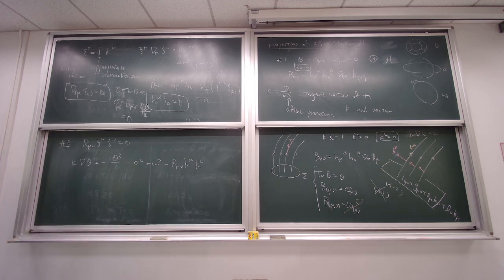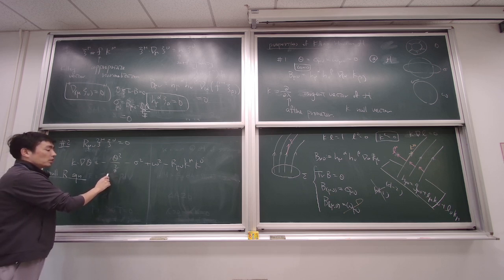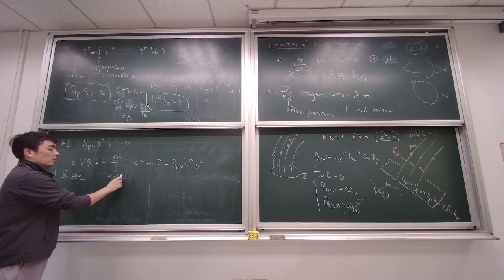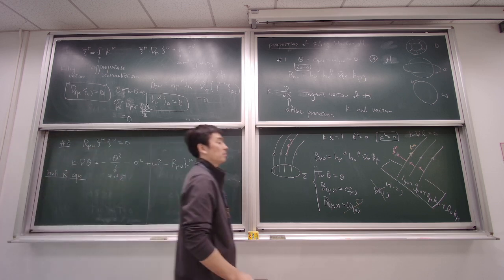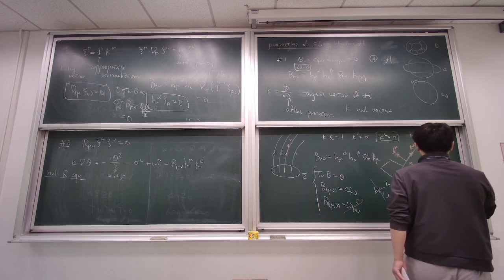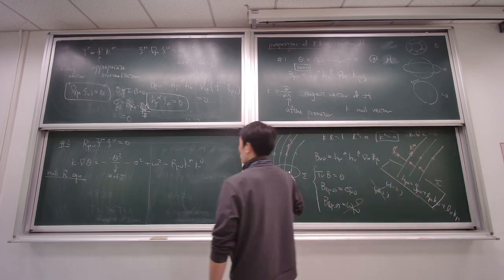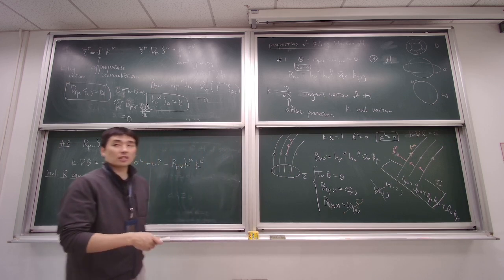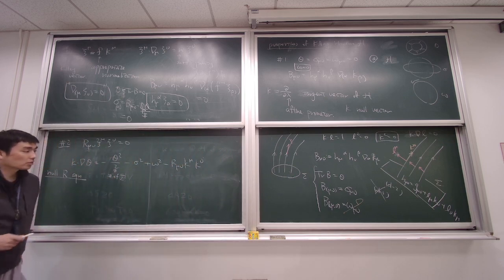The Raychaudhuri equation is very important in the classical theorems of GR. This 2 is really the dimension of this surface sigma. In the timelike case this becomes 3.